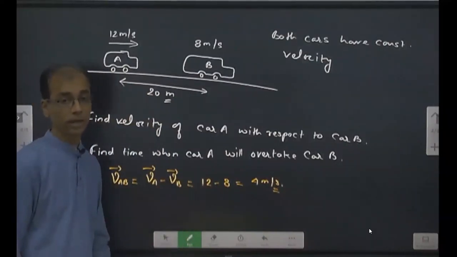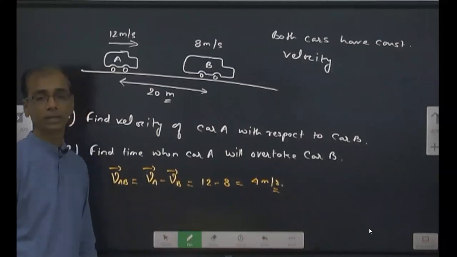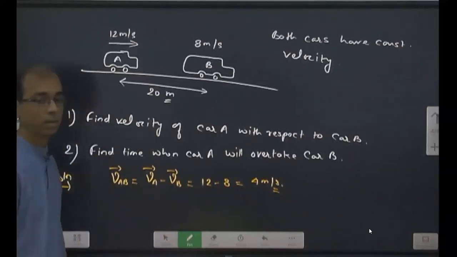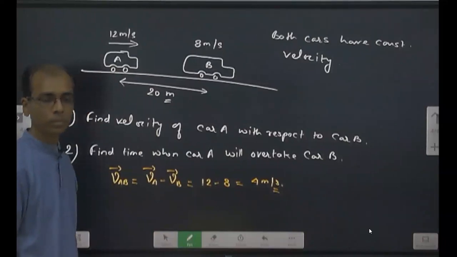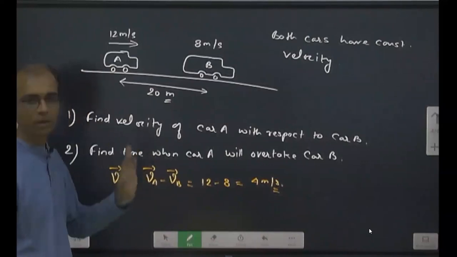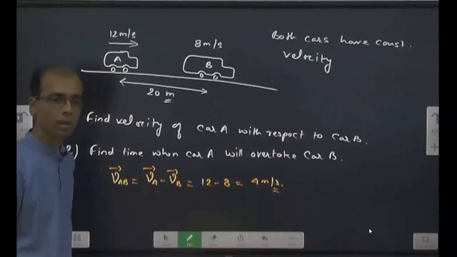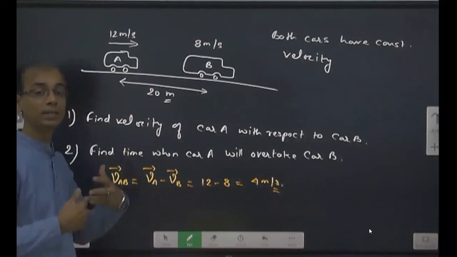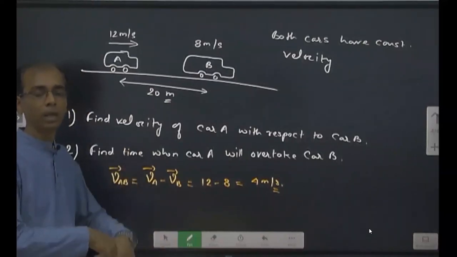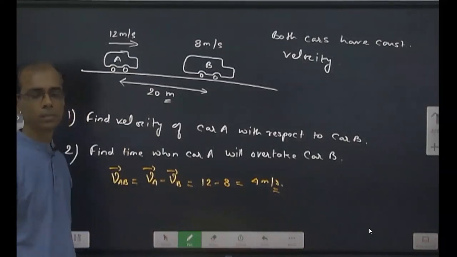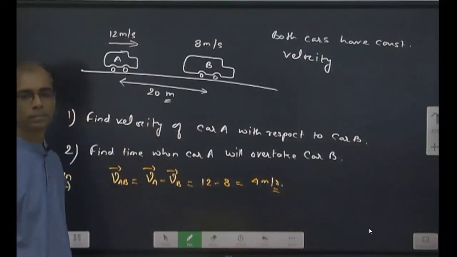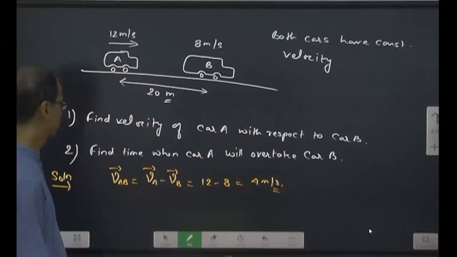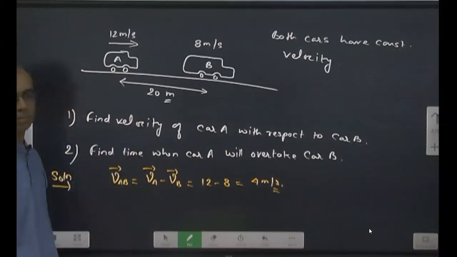We can see that car A is faster. It will overtake, that we know. We can understand that. But in how much time? Now see what I'm going to do. I already have the velocity of A with respect to B. Now if I ask, how much ahead is car B from A? 20 meters.